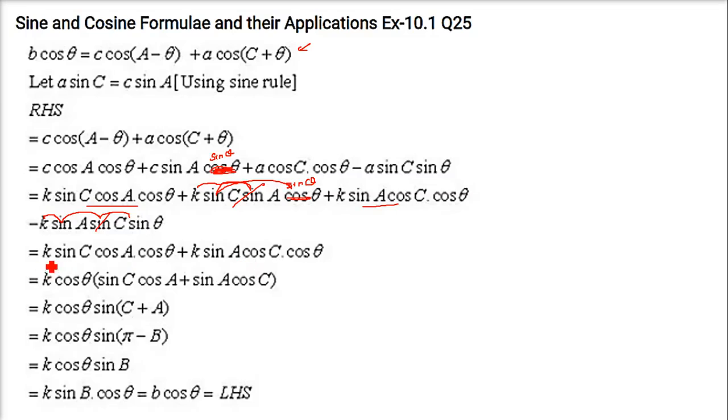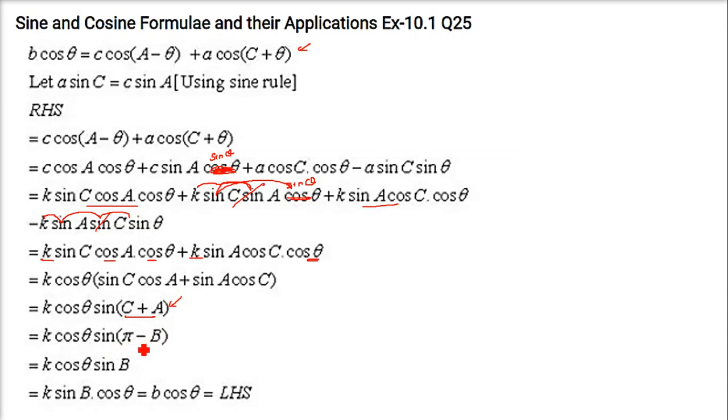Now you can take k cos theta common from here. When you take k cos theta, it will be sin c cos a plus sin a cos c, and this is nothing but sin(a plus c) or sin(c plus a). Now this a plus c can be written as pi minus b, because a plus b plus c equals pi.